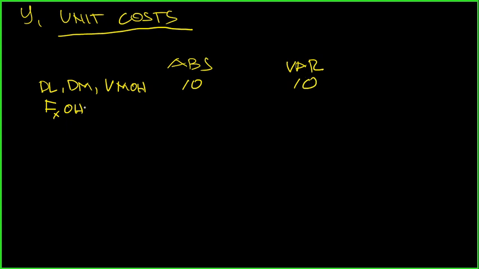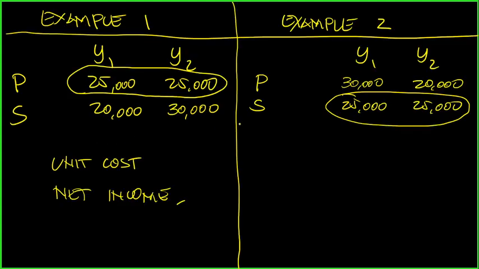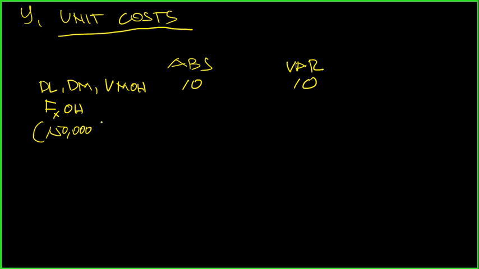Now, under absorption costing, it will be a bit different, because your fixed manufacturing overhead is still 150, but for year 1, you produced 30,000 units. For year 1, your production is 30,000 units, so we are going to divide this by 30,000 units. 150 divided by 30 will be 5.